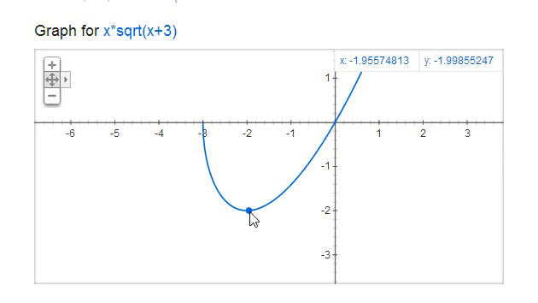And of course we have to consider that we may not have a graphing utility in front of us, so we have to trust the math. If we take -2 and plug it into the second derivative, what we're going to get out is a positive number. That's what we're concerned about, whether it's positive or negative. And if it's positive, then that means it's going to be concave up.